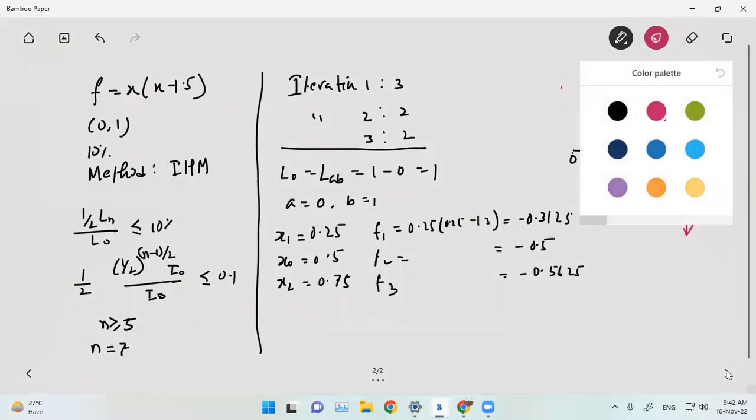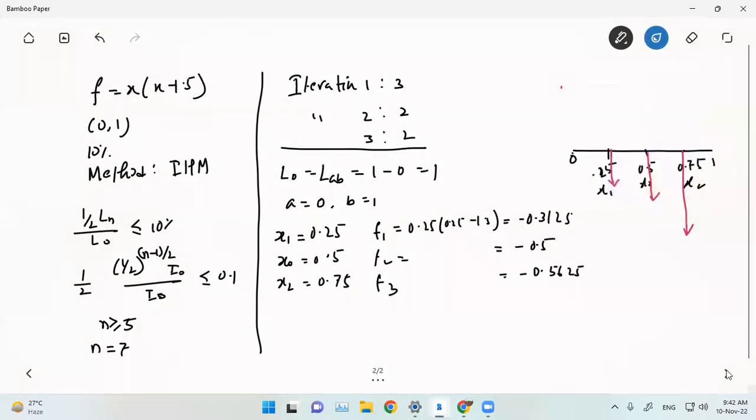So this is the minimum. You have this value and you have this value. According to our criteria discussed earlier, we have to discard this portion. Since f1 is greater than f2, which is greater than f3, our new interval will be from 0.5 to 1. From 0.5, there is x0, to 1.